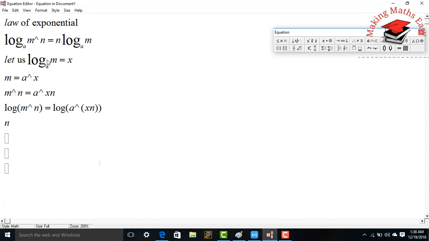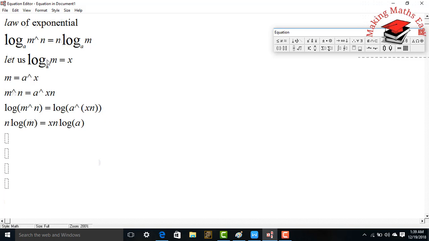So we will get n log of m equal to xn log of a. So log of a will go down in this case.